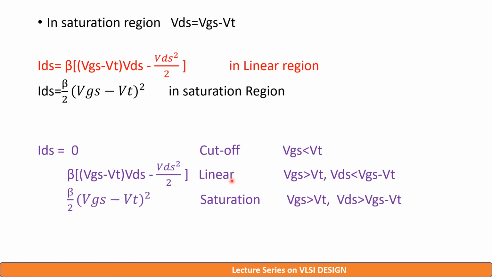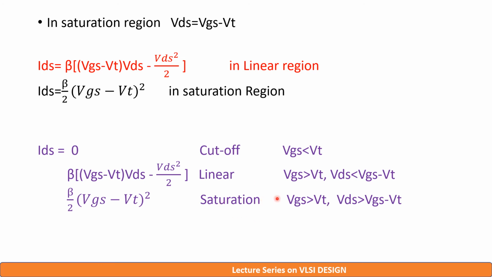In linear region, gate voltage is greater than threshold value, holes in the p-type substrate will be repelled and an n-type channel will be formed. But if both drain and source terminals are 0, then there is no current flow. If the drain voltage is greater than 0, because of a potential difference between drain and source terminals, the current flows from source to drain terminal.